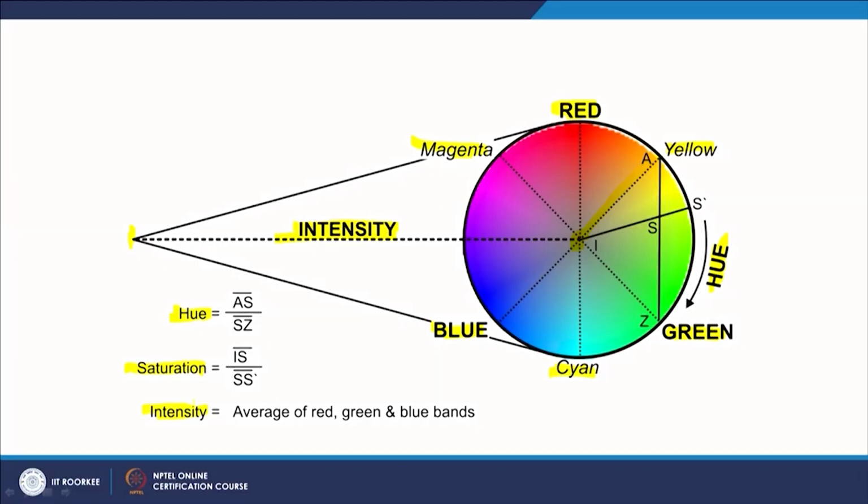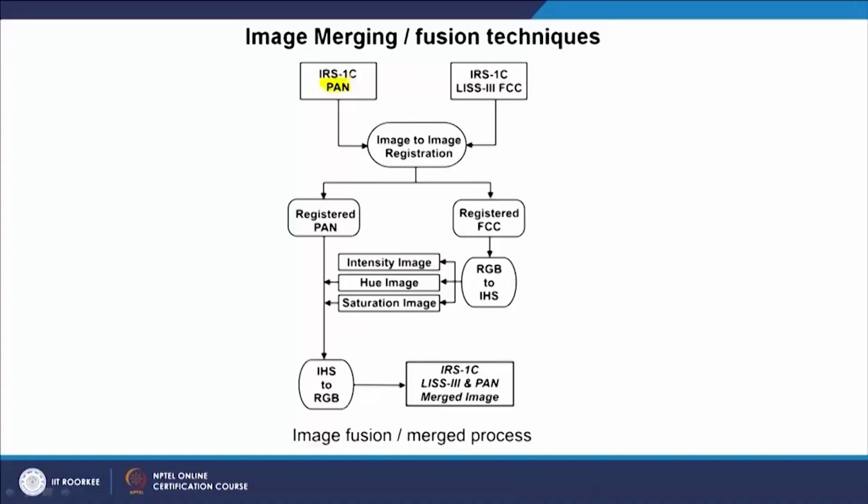Now the example I am going to show you uses a pan image, which you can call pan sharpening or a pan image merging, an image fusion technique. I have a pan image which has high spatial resolution of 5.8 meter, and I have a LISS 3 FCC image which has 23.5 meter resolution.